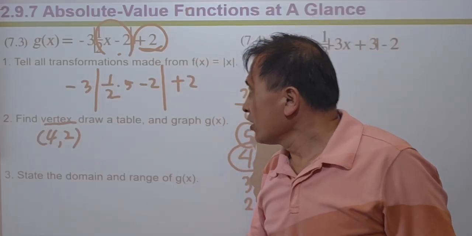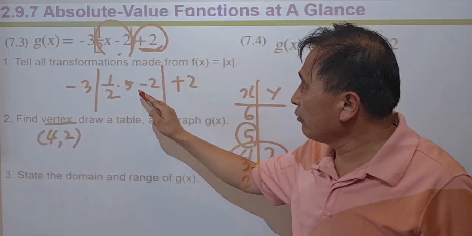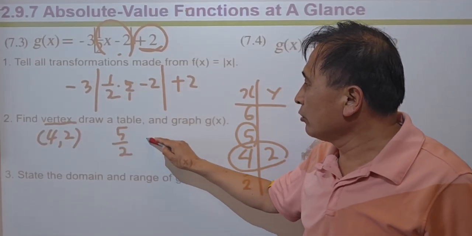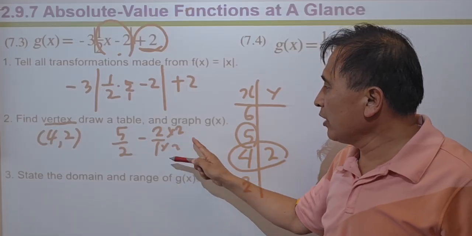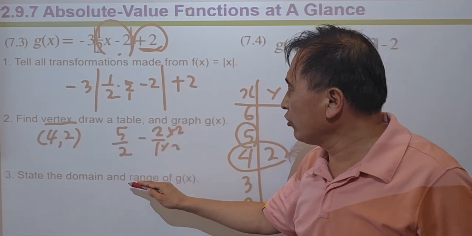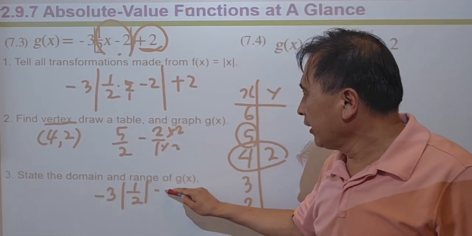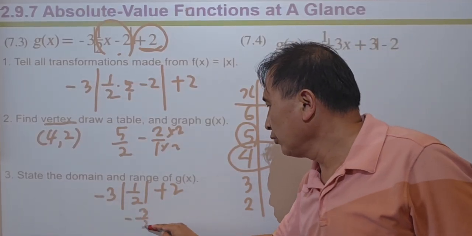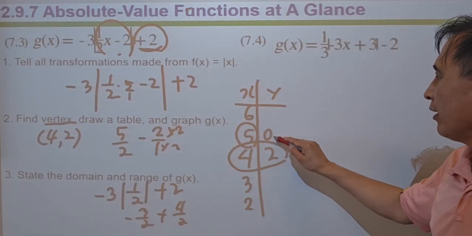Now you calculate, that is the y value. So this is 5 over 2, minus 2. 2 is 2 over 1, times 2 makes the same denominator, 4 over 2. With that, 5 minus 4 is 1 over 2. The absolute value of 1 over 2 is the same, just 1 over 2. And so times negative 3, that's negative 3 over 2, plus 2 again, which is 4 over 2, so 1/2, which is 0.5 here.